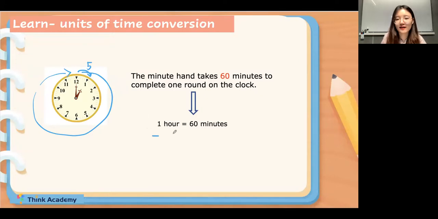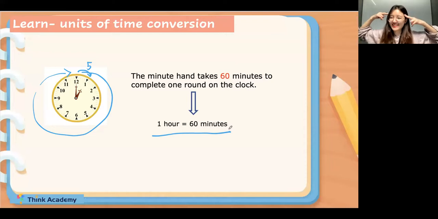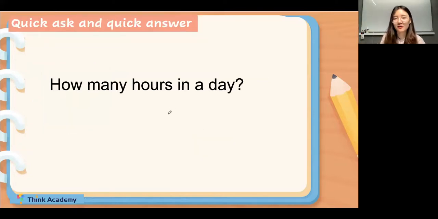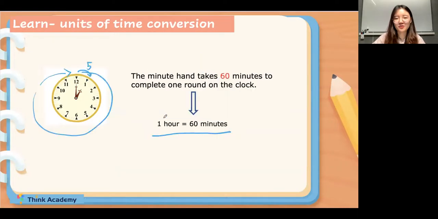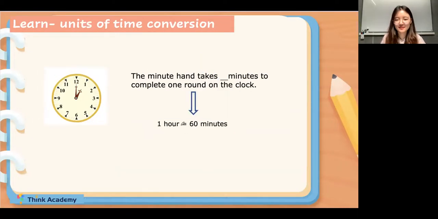Okay, so 1 hour equals 60 minutes. My dear detectives, keep that in mind. 1 hour equals 60 minutes. And 1 minute equals 60 seconds. Yes, very well done.